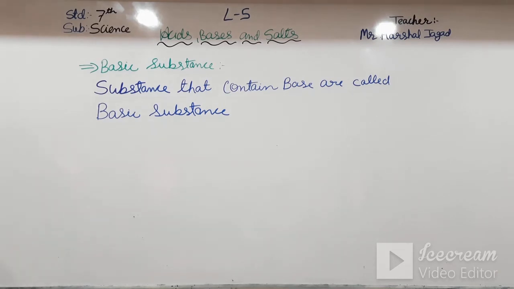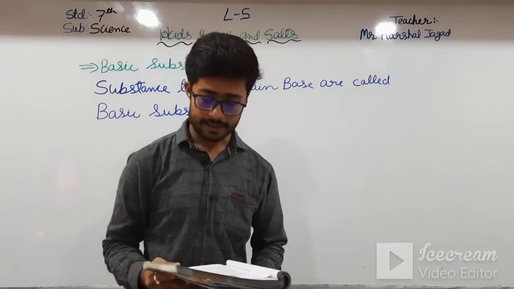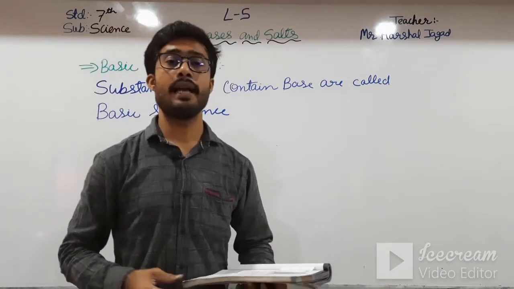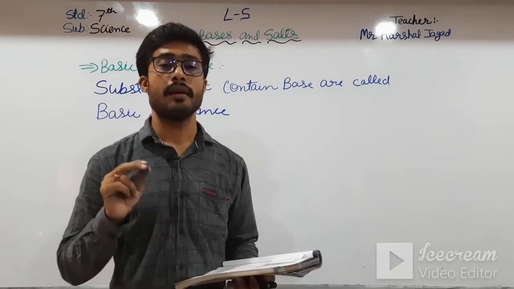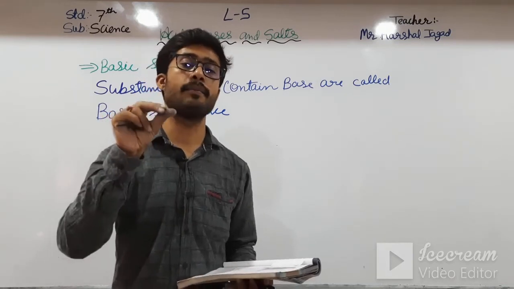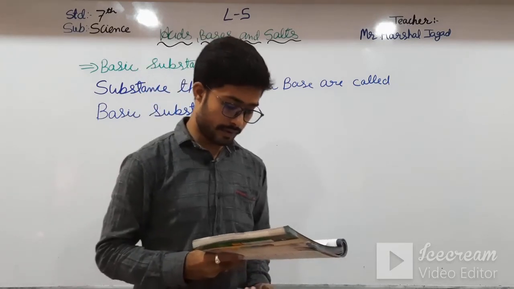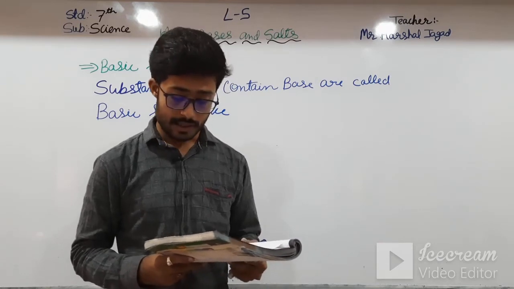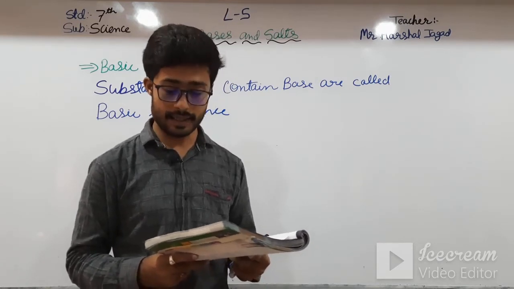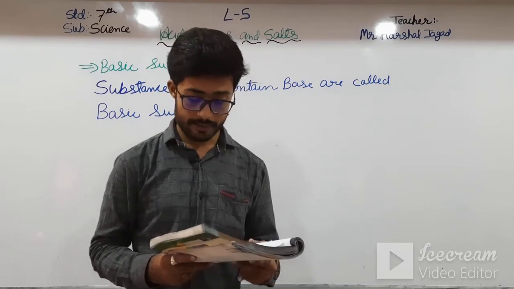See here, bases are generally bitter in taste and slippery to touch. If you touch a basic substance, it is slippery. Okay students. Some common bases are sodium hydroxide, that is NaOH, and calcium hydroxide, that is Ca(OH)2, which are laboratory reagents.